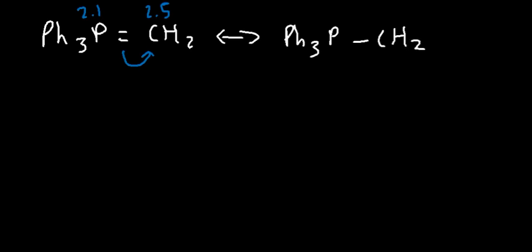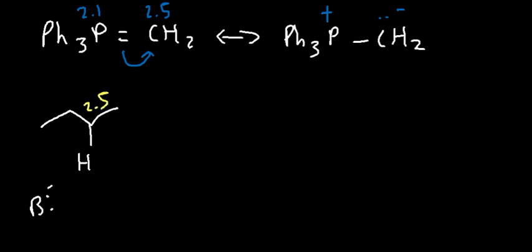And so carbon would bear the negative charge and phosphorus will bear the positive charge. Now this concept is important to understand because it helps you to know where the arrows will go for the mechanism that we're about to discuss. So just to review, let's say if we have this hydrogen and we use a base.